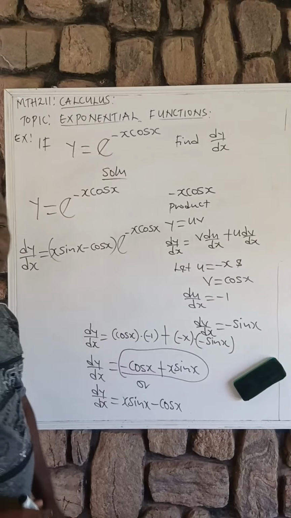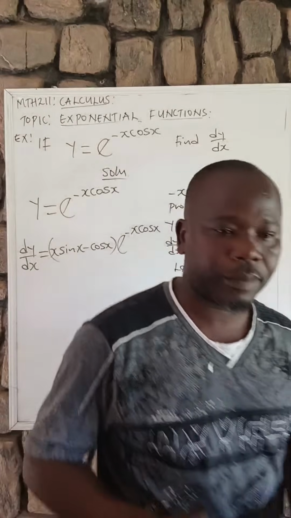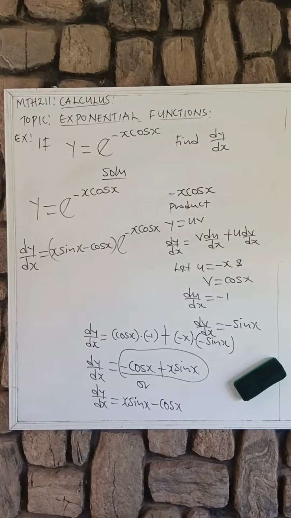This is what you are supposed to get. Is that clear? Do you understand? Either you use the product rule directly, or you use a direct approach. Is that clear?